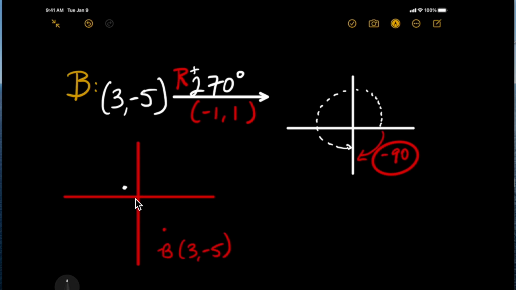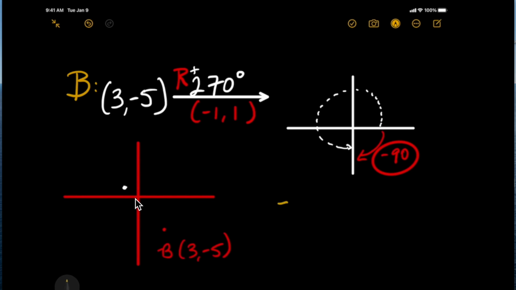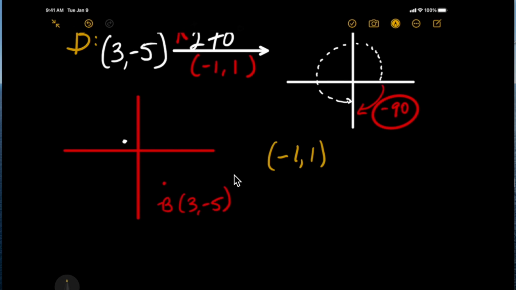So I'm going to ask myself, how do I get from the original rotation point, which is -1, 1, again, I'm very careful here to double check that I got the correct signs, to the origin?